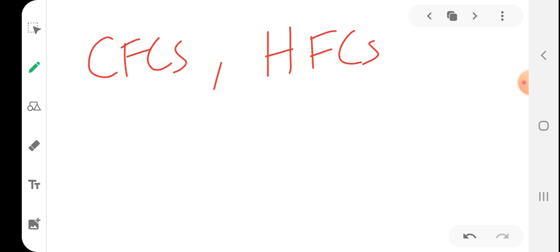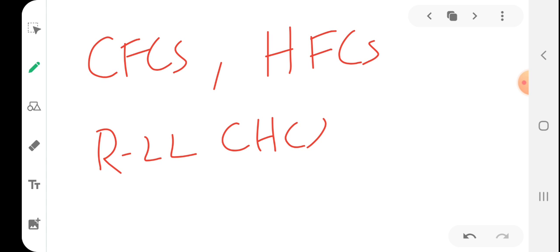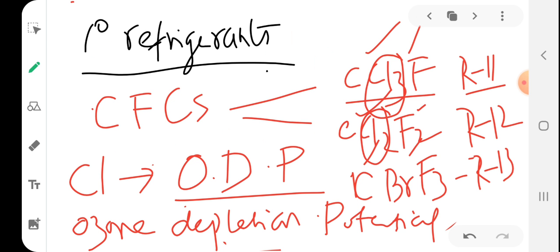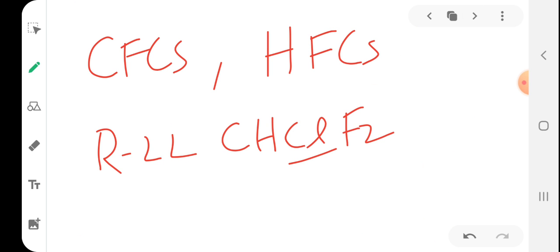Okay, so R22 and all. R22 is nothing but CHClF2. Comparing with R12, one chlorine atom is substituted with one hydrogen atom.